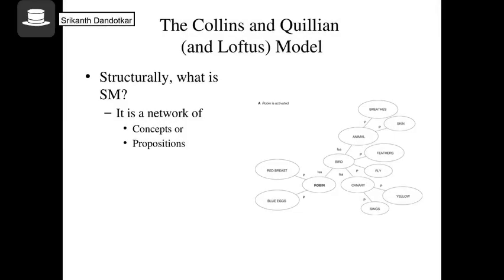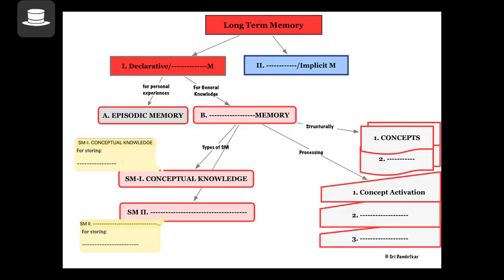Okay, so we're talking about the structure of semantic memory. And we said that structurally, semantic memory is basically a network of concepts or network of propositions of different kinds. And we have two types of propositions. Well, remember we said that we're gonna come back to this handout and fill in these blanks. Well, this is the time to fill it in now.